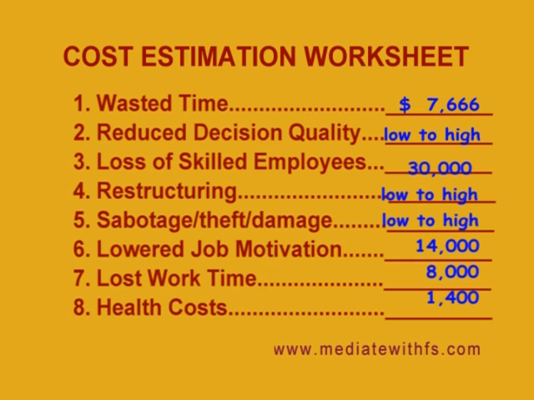Remember, at the start of this section on assessing cost, I emphasized that unmanaged employee conflict is perhaps the largest reducible cost in organizations today and probably the least recognized. This worksheet gives us an idea of the results of not managing conflict in the workplace. Our conservative estimate could easily amount to over $60,000 depending on how the conflict plays out.